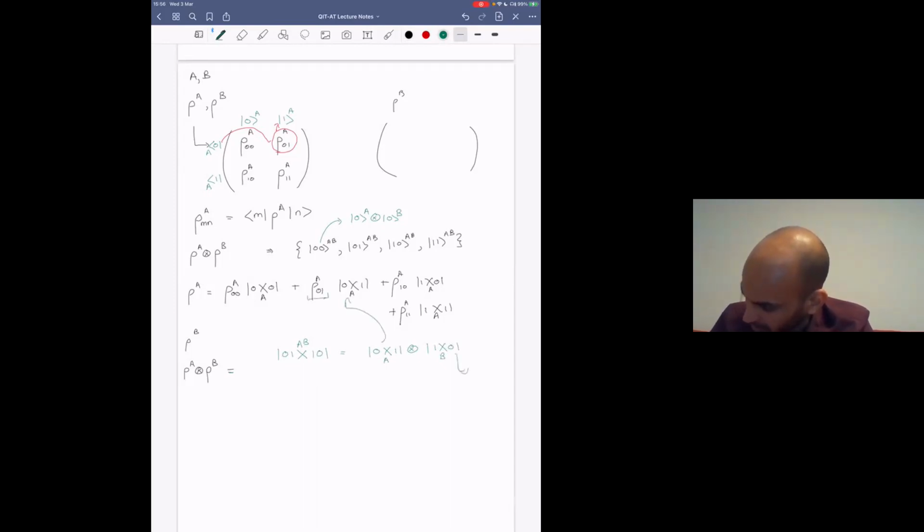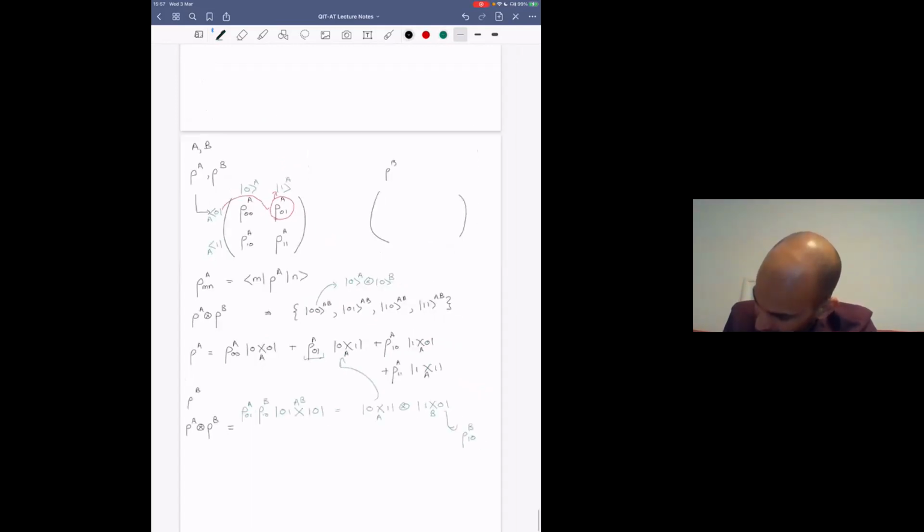And so this in the density matrix of rho B will pick out rho 1,0 of B. So the element associated to this will be rho 0,1 of A times rho 1,0 of B. And so what we get is that every element in the density matrix that is the tensor product of these two states is just going to be the product of the corresponding elements in the original states.